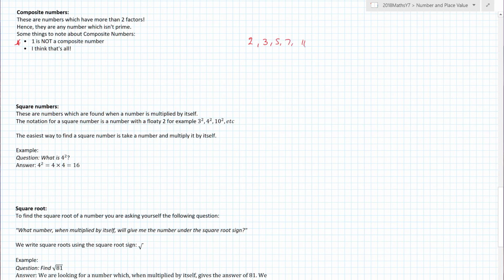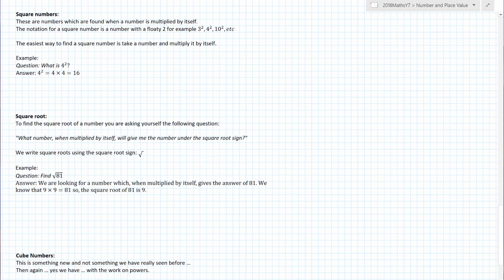So if we now list all the numbers that aren't in that list, 1, 4, 6, 8, 9, and 10, well, sadly, 1 isn't composite. All the rest of the numbers are. So your first composite number is actually 4, because that has the factors of 1, 2, and 4. But writing down a statement that a composite number is every number that isn't prime, sadly is not right. So again, remember, 1 is not composite.